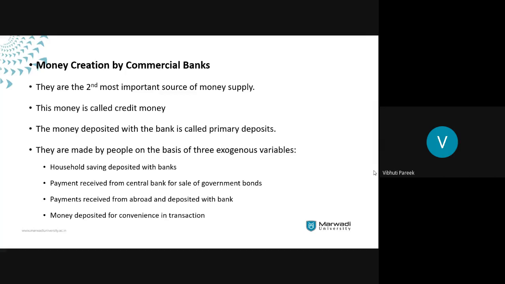Exogenous variables are external variables, which are not in the control of a particular individual or the economy. Now, the first factor is household saving deposits with bank. A person has saved some money from the regular household, and they want a saving.